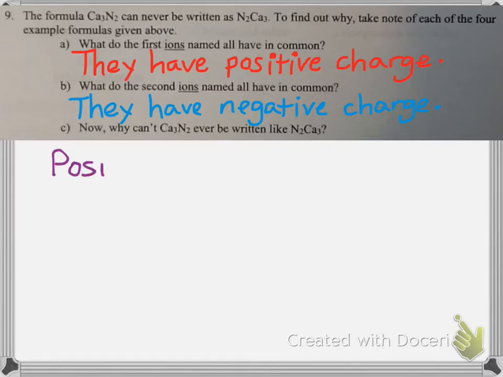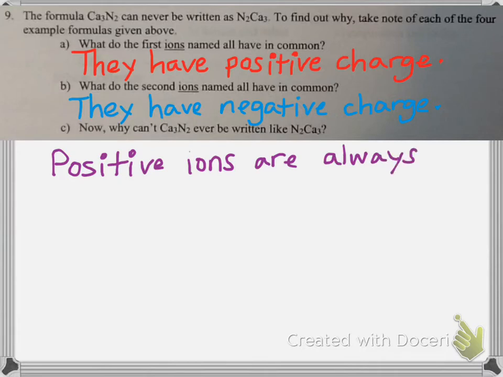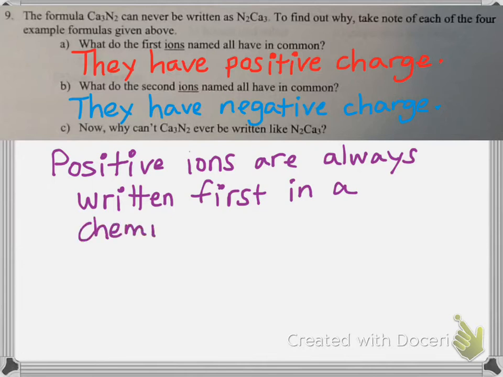Positive ions are always written first in a chemical formula. Okay, so the positively charged ion is always written first.